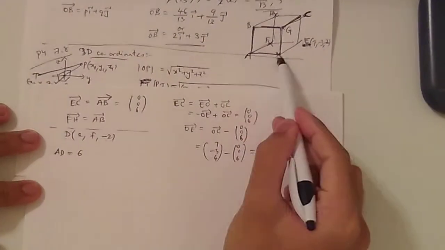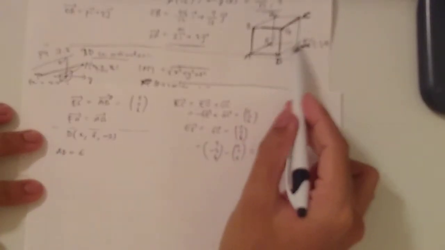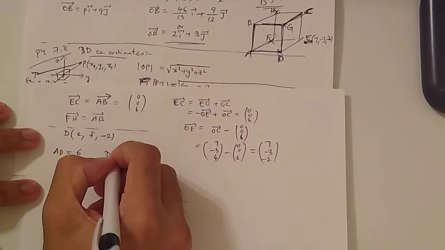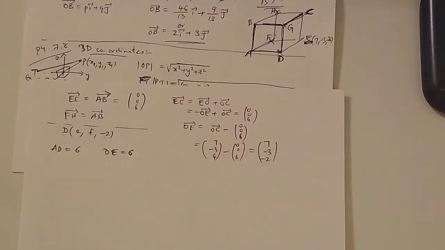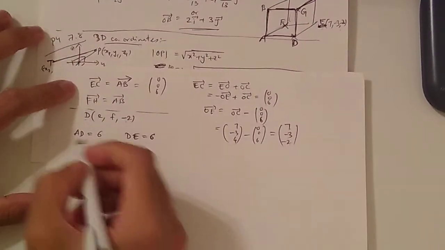Because it is along the edge of the cube, and you also do know that CD is equal to 6. So AD is equal to 6, CD is equal to 6, and therefore you can construct two separate equations. Let's consider the equation for AD.